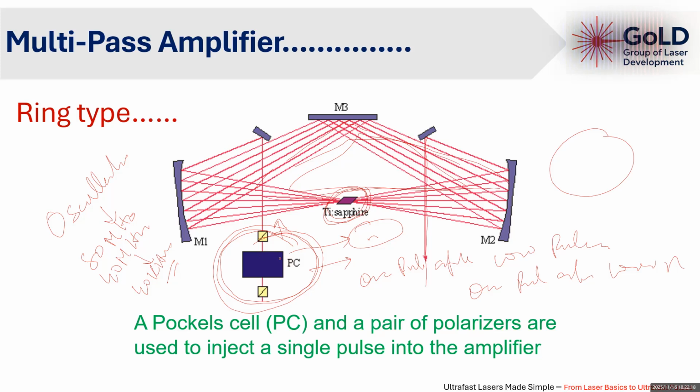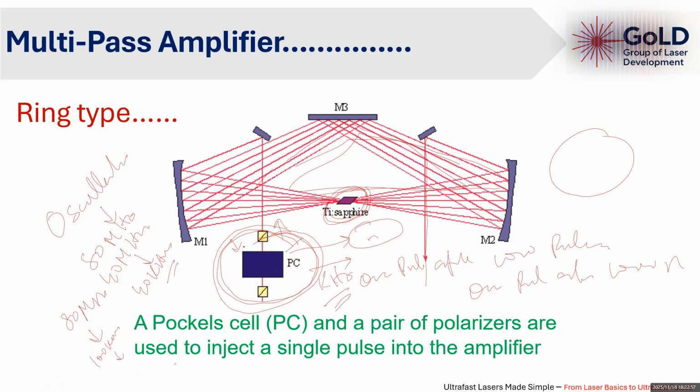Suppose after passing through this Pockels cell, the repetition rate goes from 80 megahertz to kilohertz, say 100 kilohertz or 1 kilohertz.